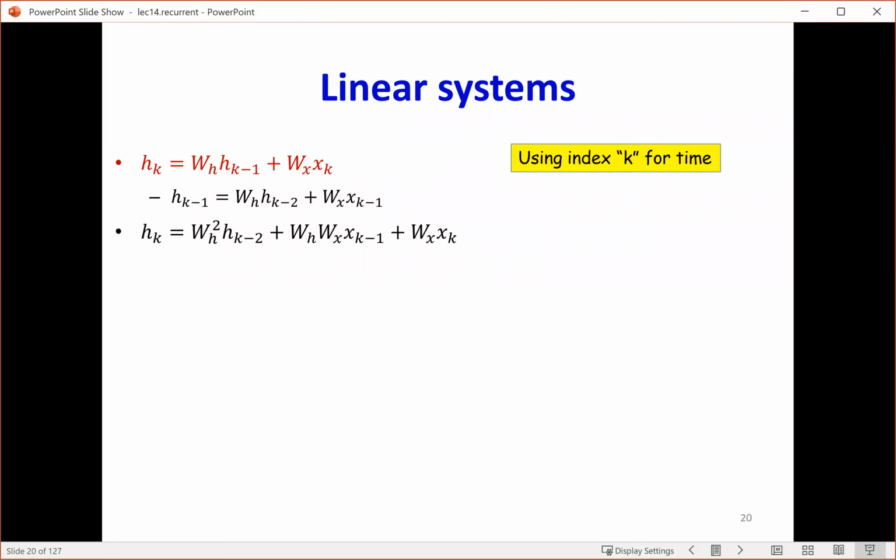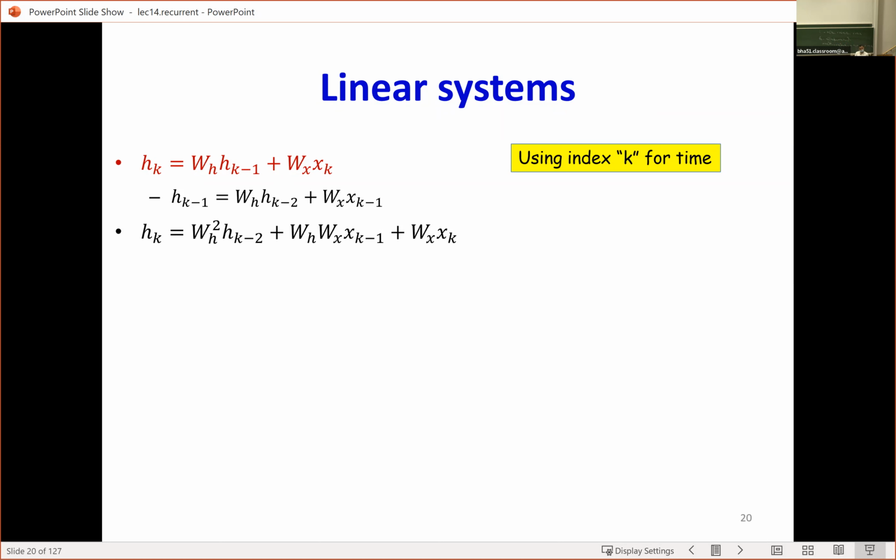Sure, it would be W_h squared times W_h h_{k-3} plus W_x x_{k-2}, is it right? And if I actually expand it out, that ends up being W_h cubed h_{k-3} plus W_h squared W_x x_{k-2} plus W_h W_x x_{k-1} plus W_x x_k.